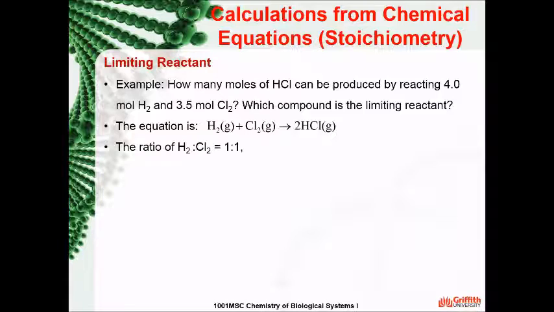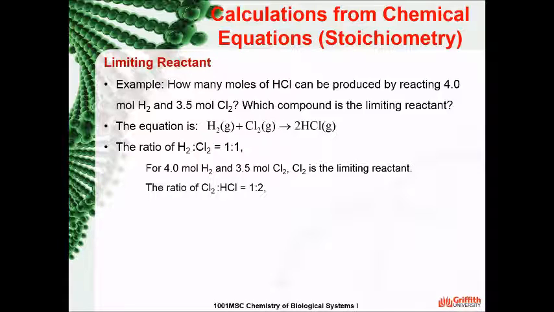The ratio of H2 to Cl2 is 1:1. For 4 moles of hydrogen gas and 3.5 moles of chlorine gas, the chlorine gas is the limiting reactant. Therefore, Cl2 will determine how much HCl is produced in the reaction.